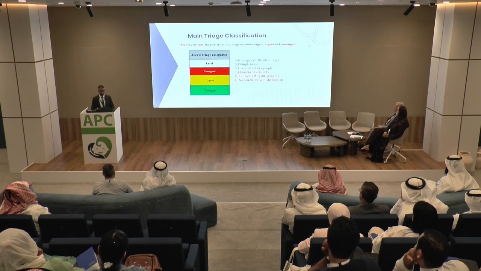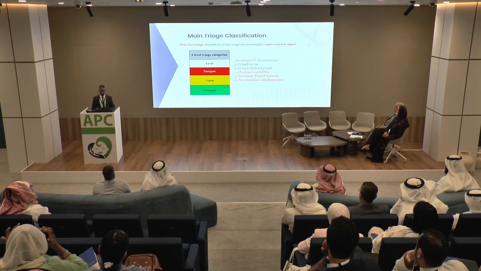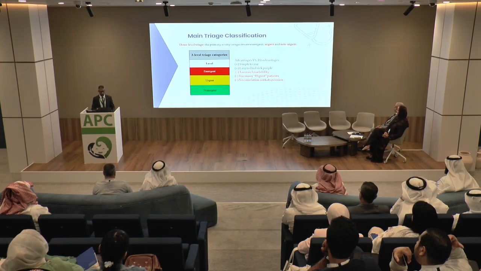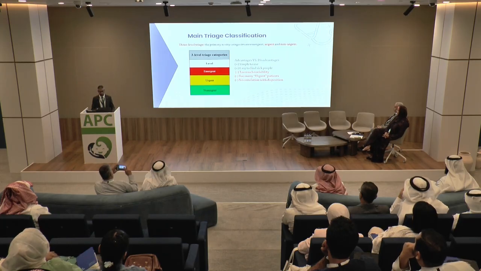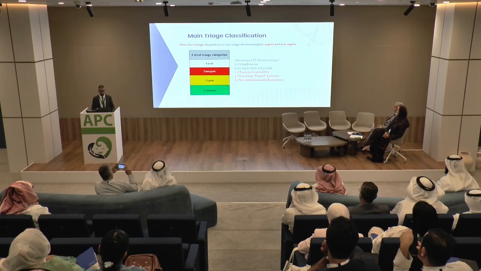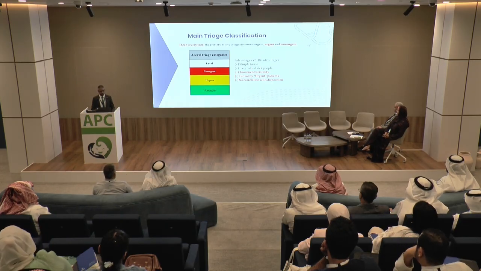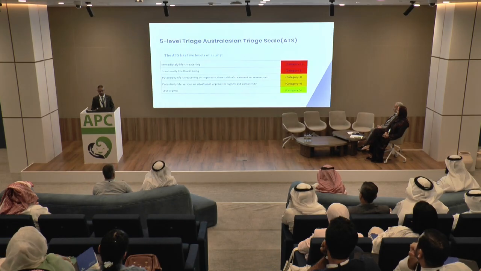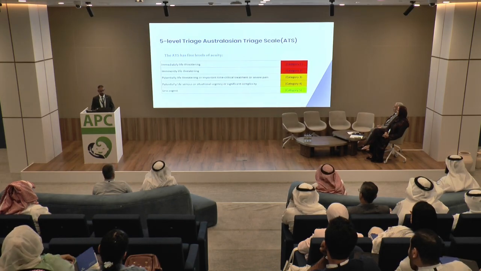The advantage is that it is simple to use, but there is too much variability, and too many patients will belong to the urgent category with no correlation with disposition. The Australian system uses 5 categories.